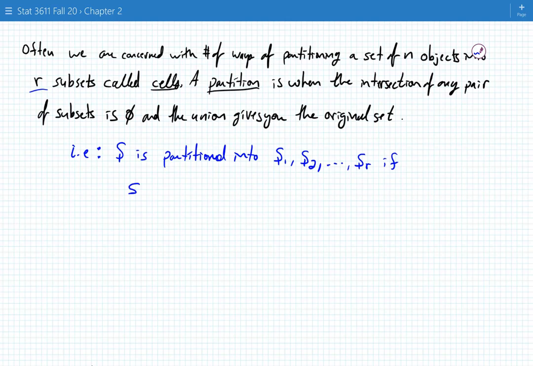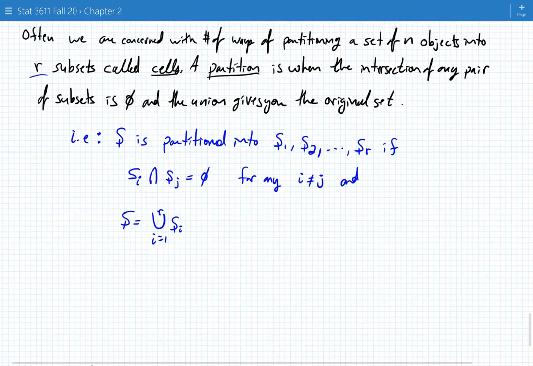So you pick any S sub i and intersect it with any other S sub j, and you get the empty set. Of course, we're not intersecting a set with itself, so i is not equal to j. And the union of all the S sub i's as i goes from 1 to R gives you the original set.